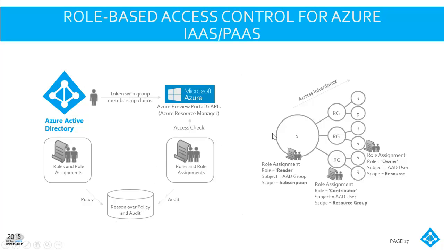And there is, of course, access inheritance. So if I grant someone permissions at the subscription level, he will get the same permissions across all the resource groups in that subscription and all the resources in that subscription.